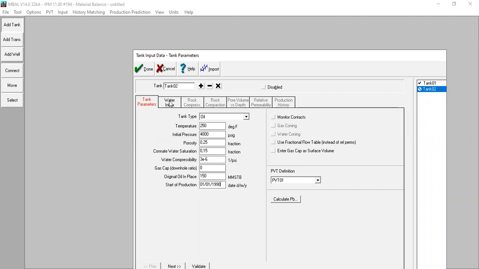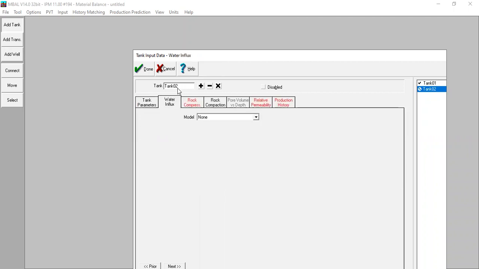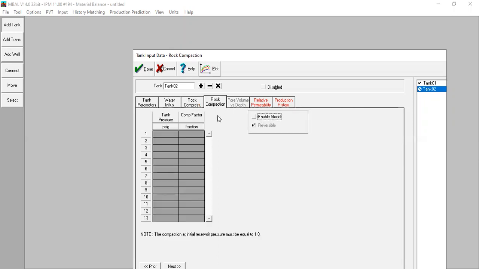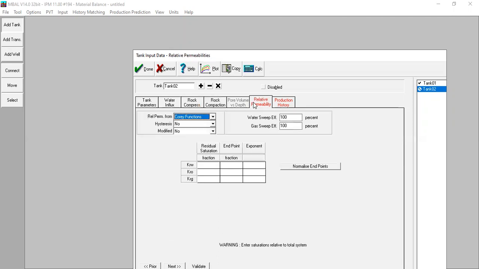And then water influx, tank 2 also doesn't have an aquifer. Rock compressibility, I will use correlation, no compaction issue. And relative permeability is the same as tank 1.